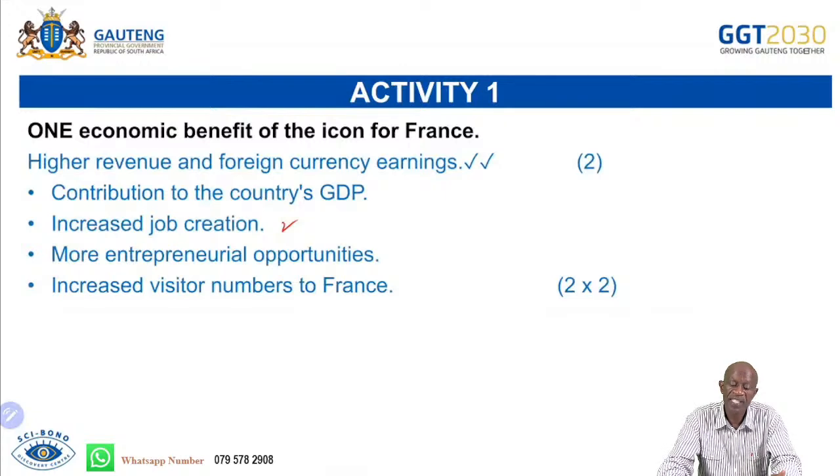Increased visitor numbers to France. So most of the people will visit France because of just the mere existence of the Eiffel Tower. They all want to see the Eiffel Tower. Those are the economic benefits of the Eiffel Tower found in Paris, France.